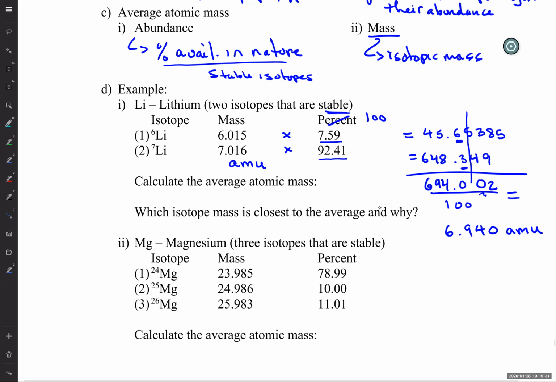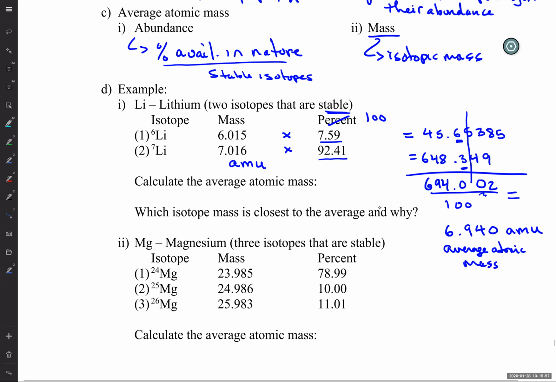And from the periodic table, it's 6.941. It's just slightly different. So that's your average atomic mass. And you can see it in the numbers, right?